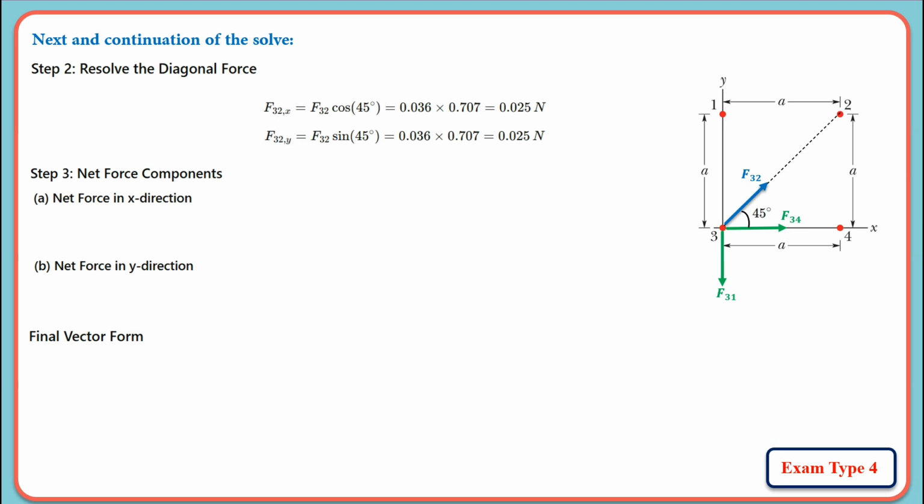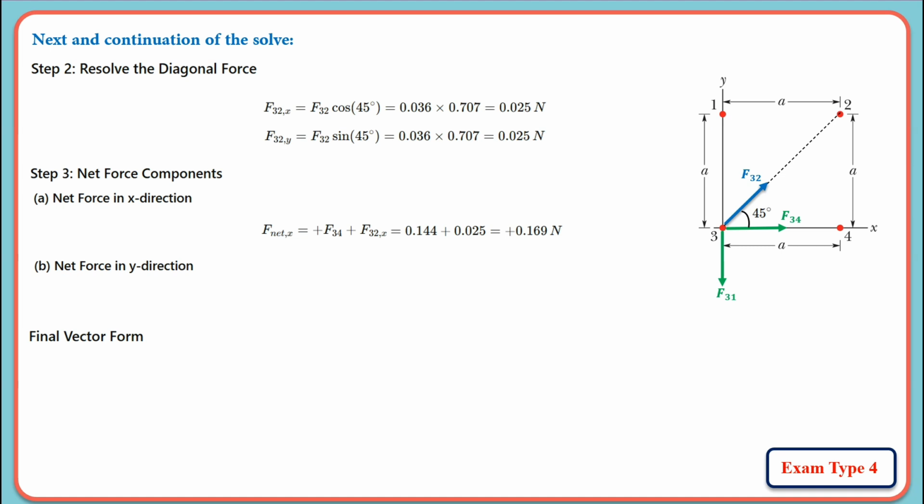Now, let's calculate the net force components. In the x direction, both forces are positive, so we add them. F net x equals 0.144 plus 0.025, which gives 0.169 newtons.